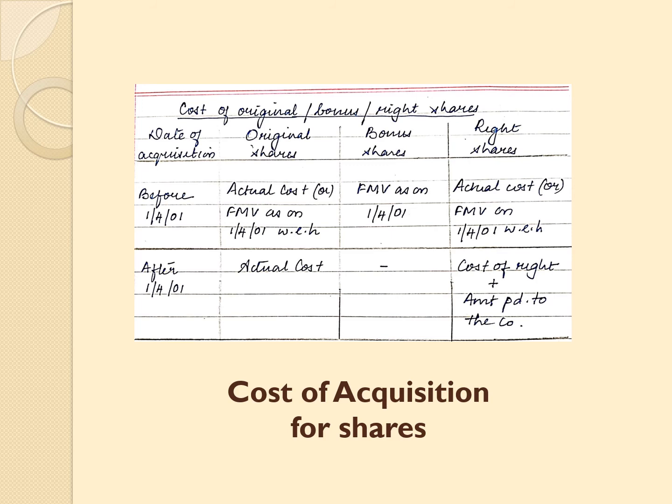In this slide, you can see how to calculate the cost of acquisition for the financial assets, that is shares. That is in case of original shares, bonus shares and right shares.